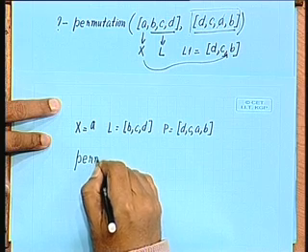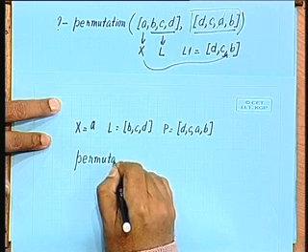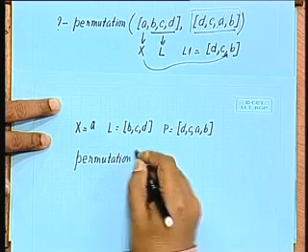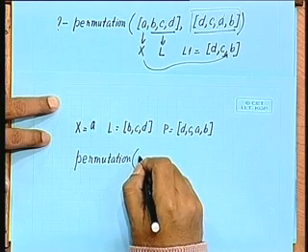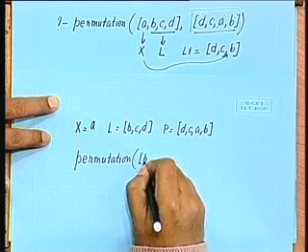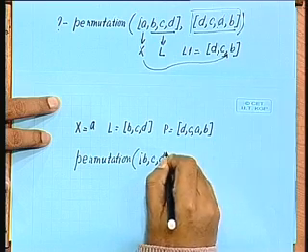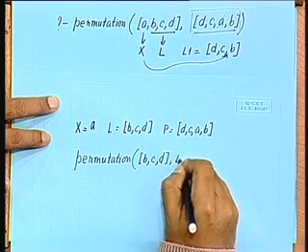It will create two sub goals. One is permutation of L, which is BCD, with L1.